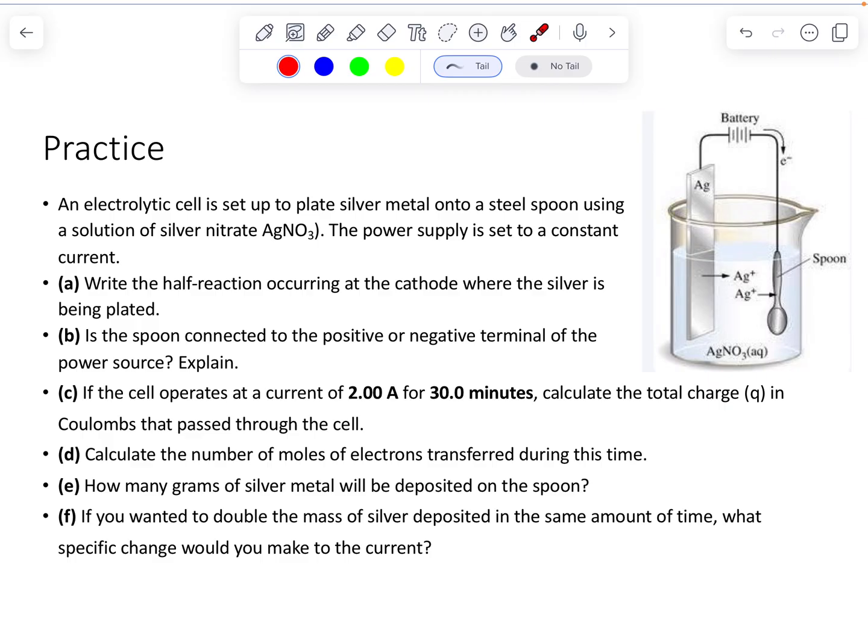Okay, so at the spoon, which is the cathode, we are going to have the silver ions, so Ag+ plus electrons is going to form silver solid. So that's what's going to happen at the cathode.